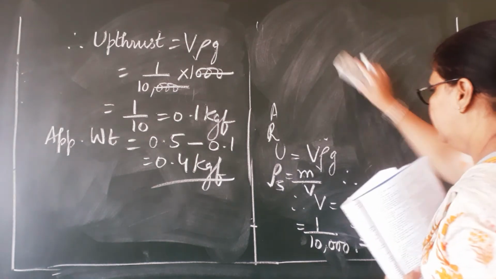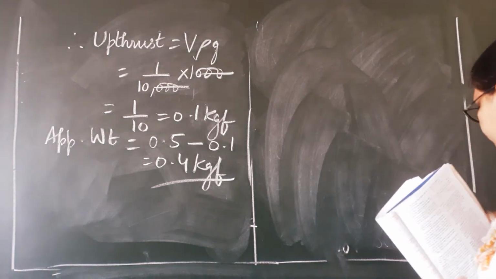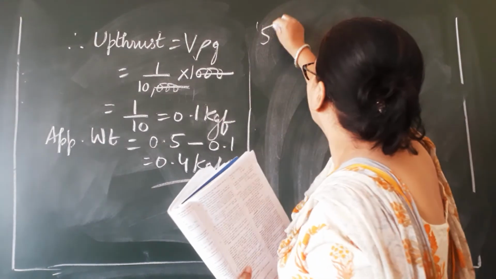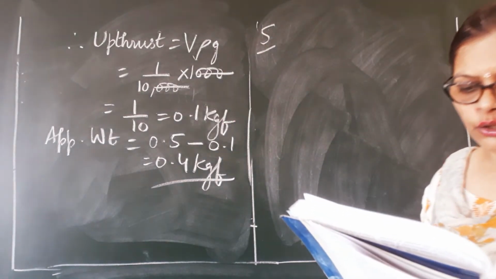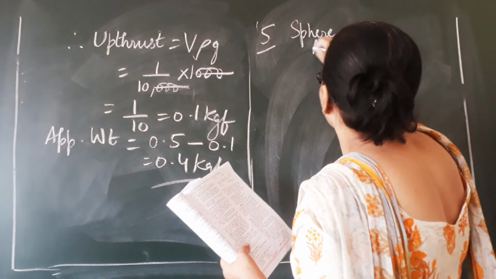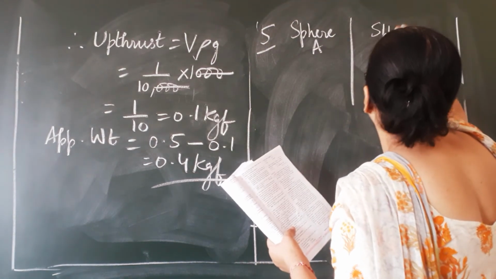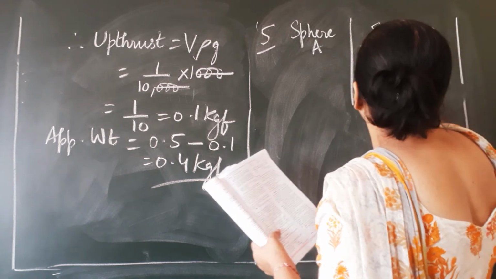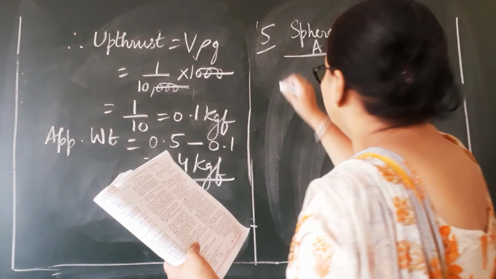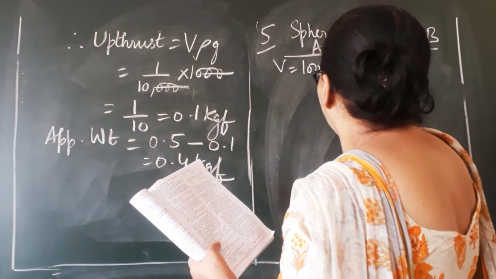We come to the fifth numerical. Okay, we are doing the fifth numerical now. I am reading it out. Two spheres. So you have sphere A and sphere B. There are two spheres given to you, each with volume 100 cubic centimeter.